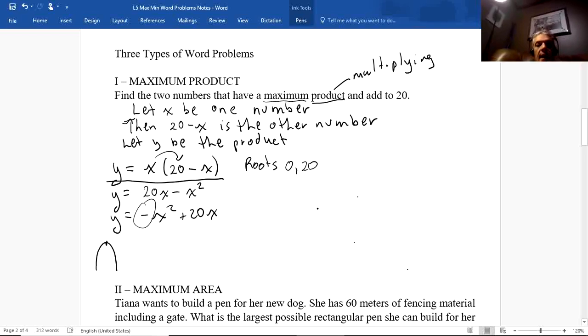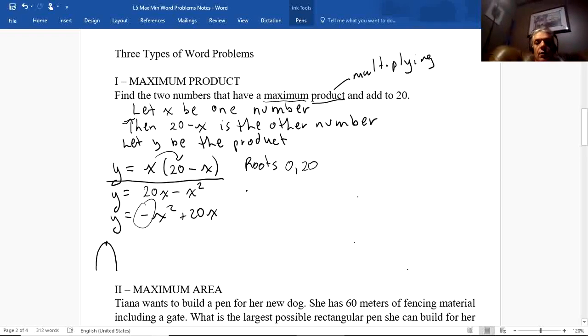For a lot of students, that's not really obvious, but this is basically asking when x equals 0 and when 20 minus x equals 0. The first is 0 only when x is 0, and the second is 0 only when x is 20. And so halfway between these two is going to be the vertex.